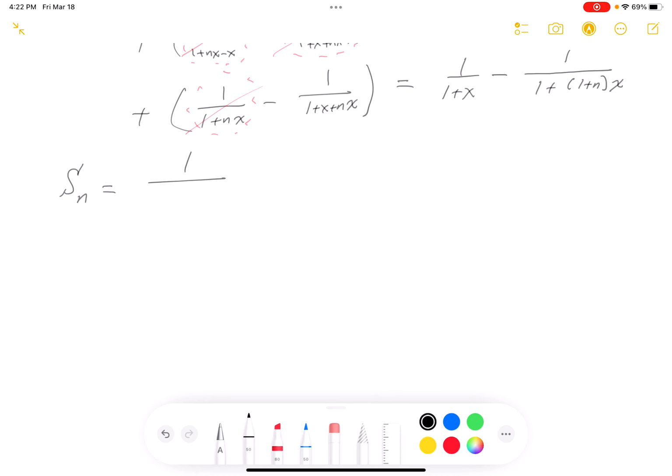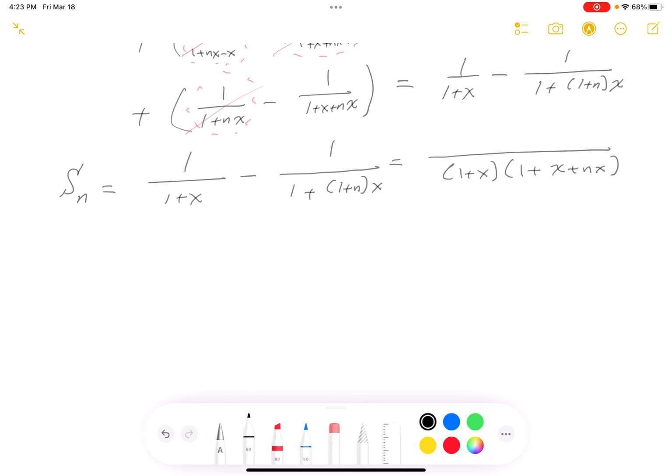It's going to be 1 over 1 plus x minus 1 over 1 plus nx. By the way, I don't think this adds much to the problem, but I'm going to simplify it. And what do you get over here? 1 plus x, 1 plus, well, let me multiply it out now. It's going to be x plus nx.